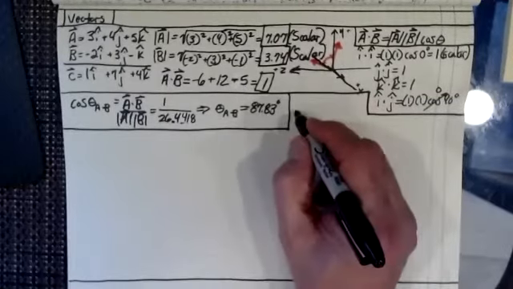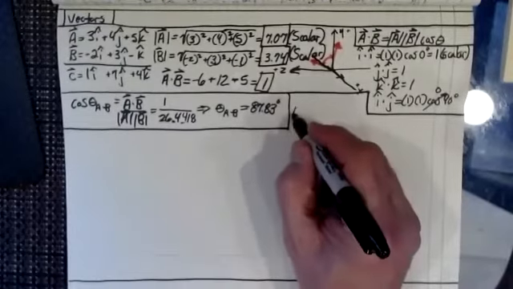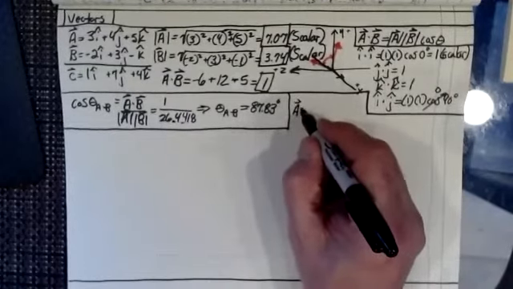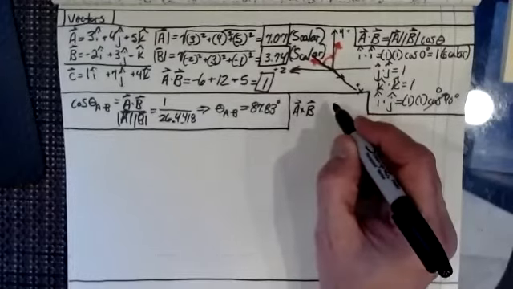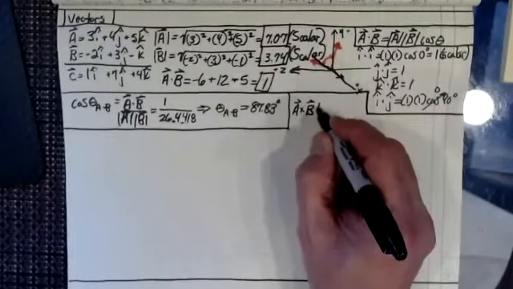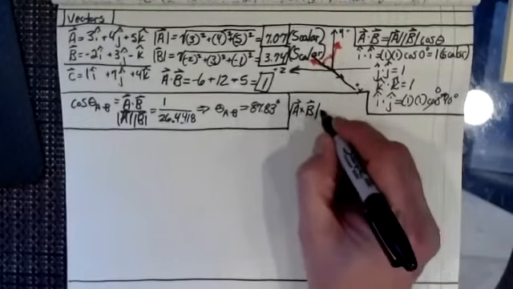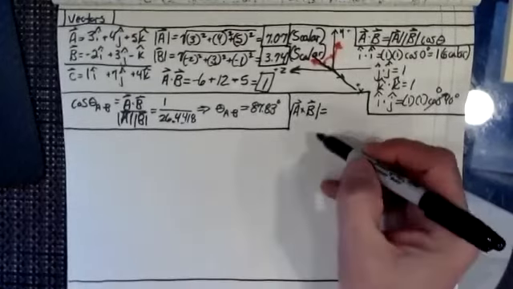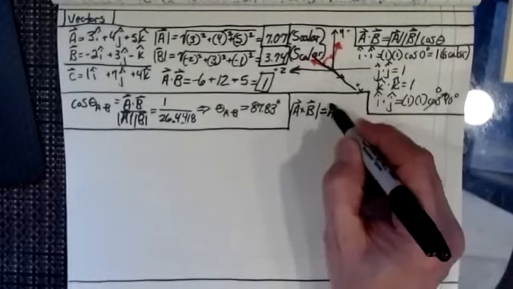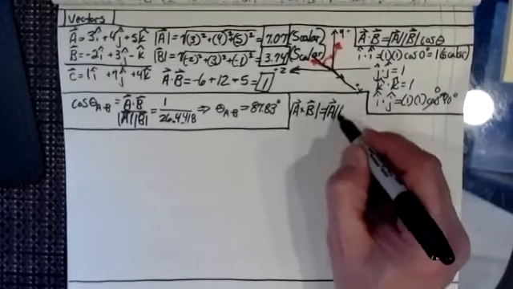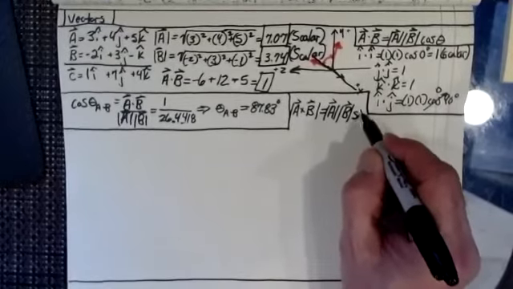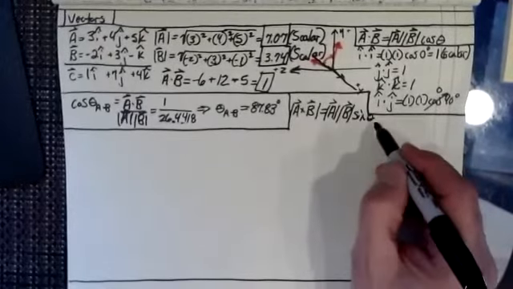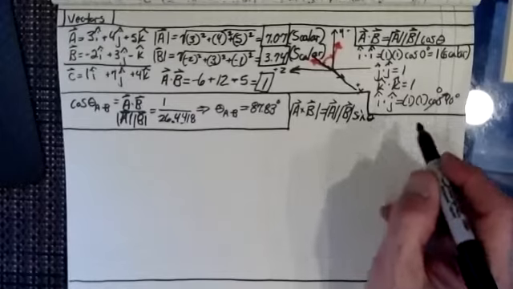What is the cross product? The magnitude of A cross B is equal to the magnitude of A times the magnitude of B times the sine of the angle between those two.